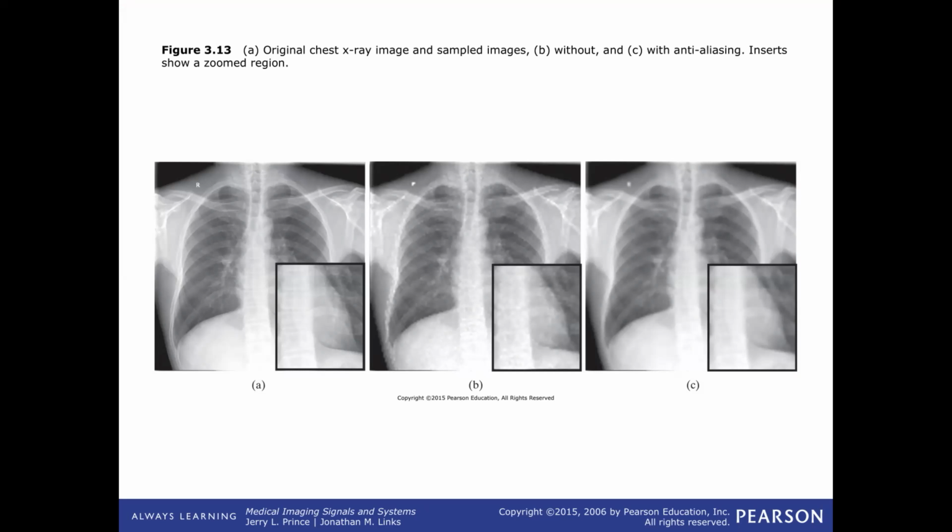Those digitizers back then weren't that great, and they didn't have a super high sampling rate, so the image you got out had artifacts in it. You can see the difference between the fine structure of the spine here and that in this digitized picture. This was aliasing of high frequencies back into low frequencies.